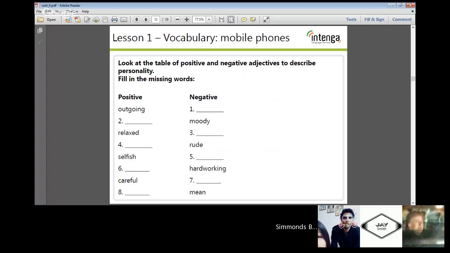And then we have rude, positive or negative. Rude is definitely negative. And then cheerful. It's positive. That's very good. And then moody. Moody is negative. Yep. I suppose, yeah, it is because it's just unpredictable and we don't know what's going to happen.